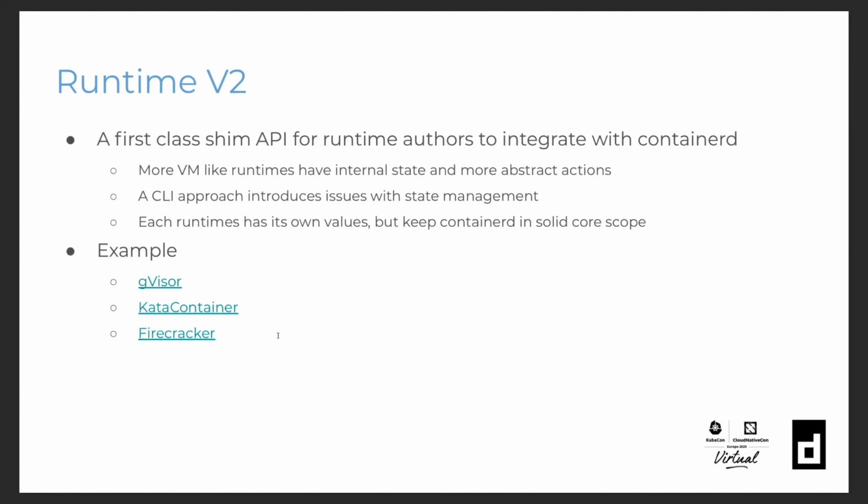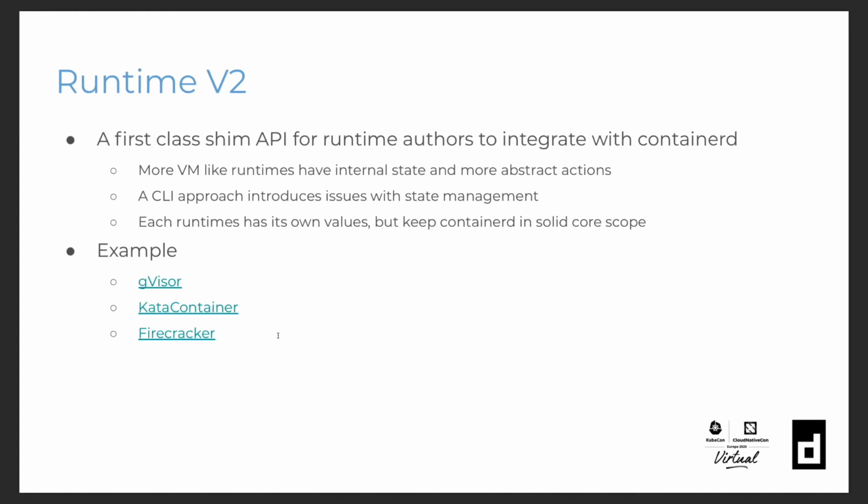So the CLI approach will introduce new issues with the container data and the container resources management. We know each runtime has their own value. Kubernetes cannot just introduce the code into the code base. Kubernetes just needs to focus on the protocol to know how to talk to each kind of runtime.